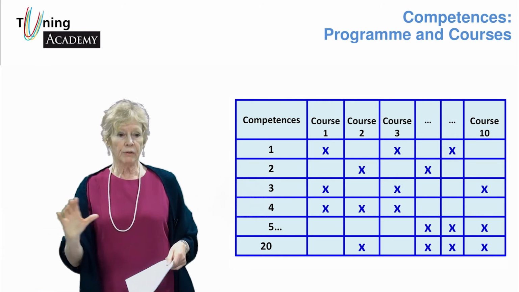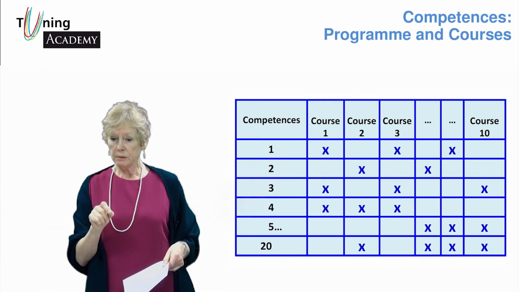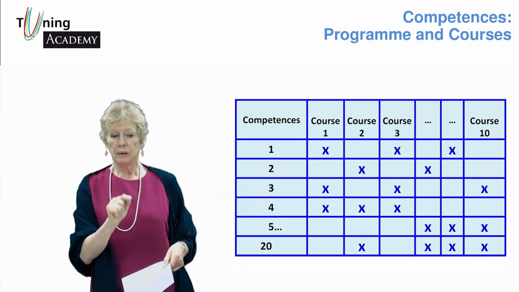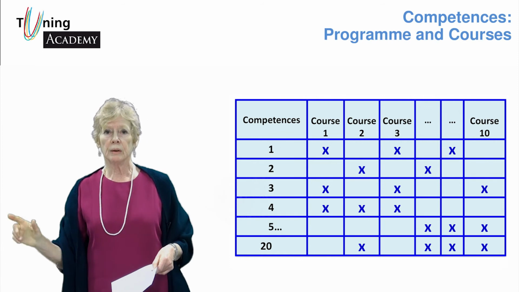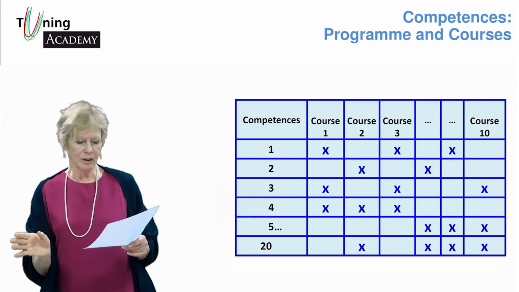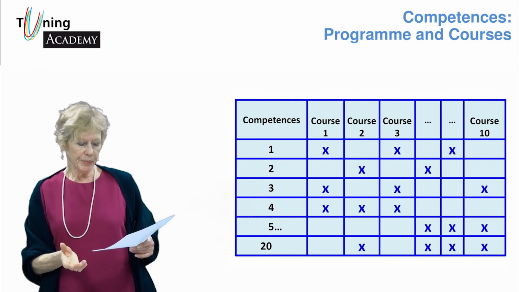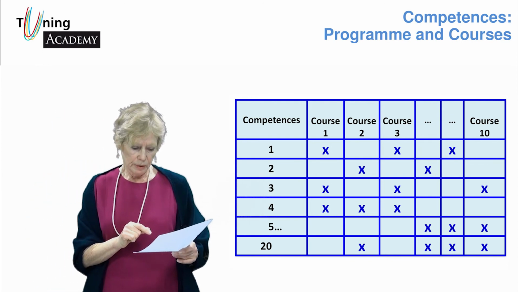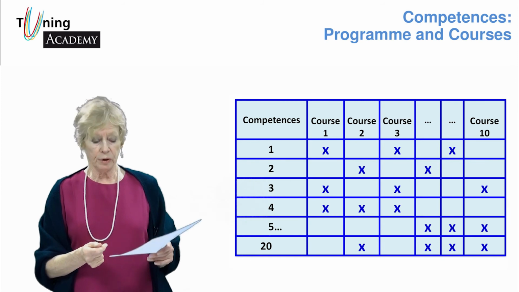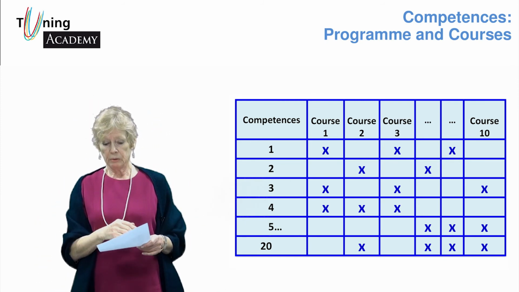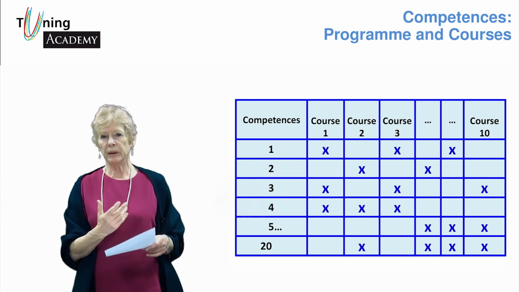So your diagram will have crosses against all of the program competencies in one course or another by the time you've finished doing this design exercise. At this point, there's a reading task for you to do, which recaps on this material that I've just outlined to you now in a bit more detail.